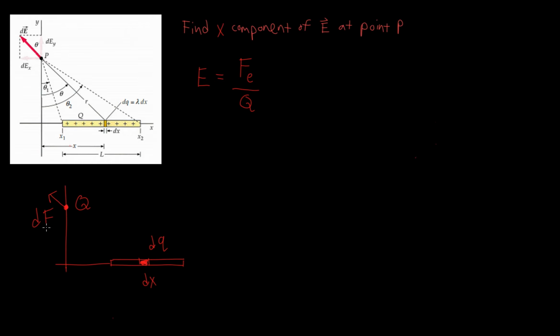We'll denote that with dE at point P. And dE just means a really small amount of electric field. So similarly to this equation, we could also write that dE, or a very small amount of electric field at this point, is equal to the electric force between this charge and this charge divided by the arbitrary charge Q.